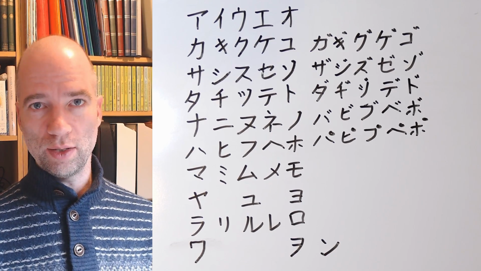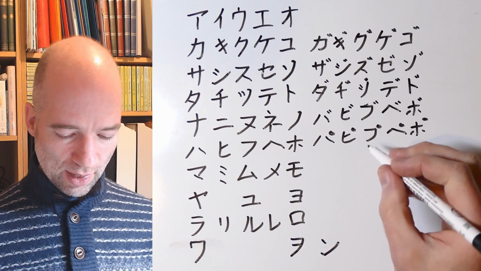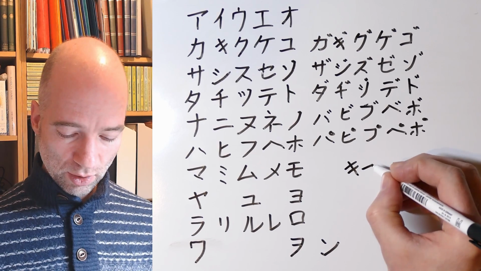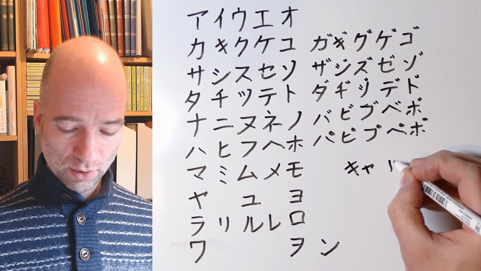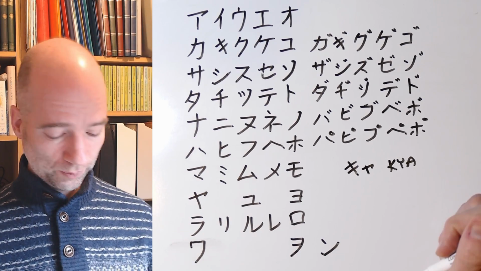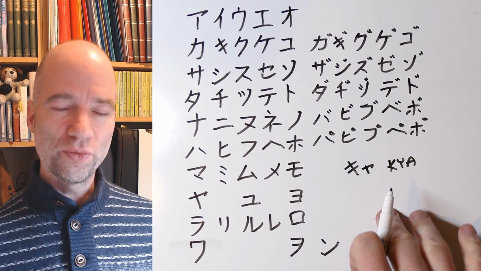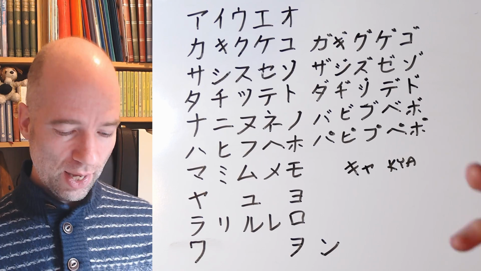And just like with the hiragana, when you do anything from the I line, so like ki plus small ya, for instance, becomes kya. I will go through the rest of the combinations in a separate video because there are quite a few of them.